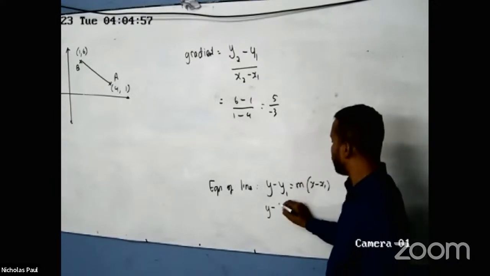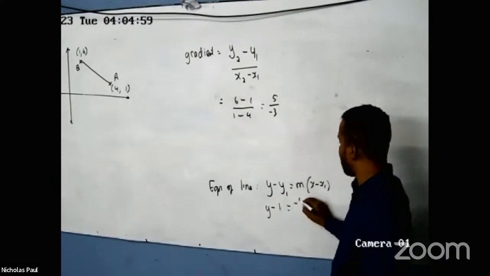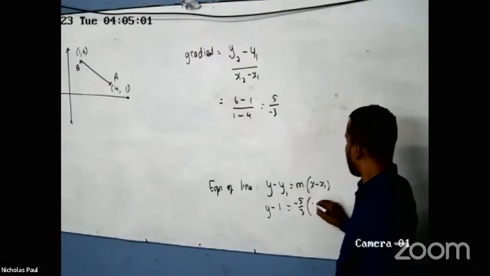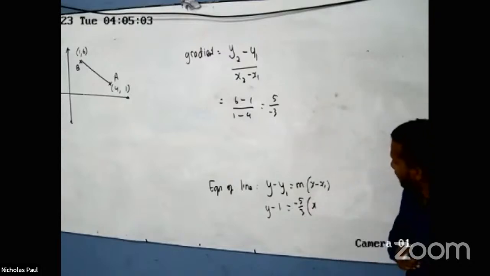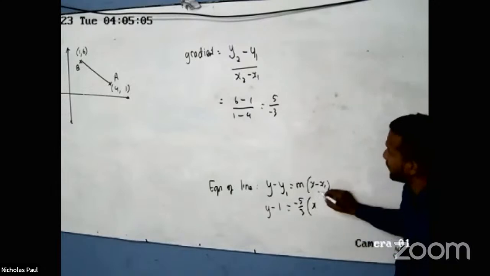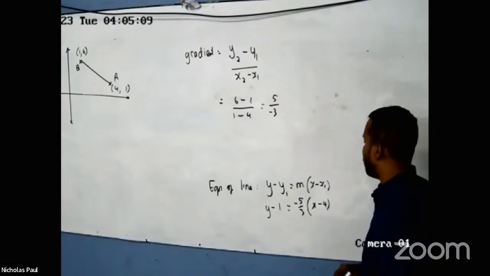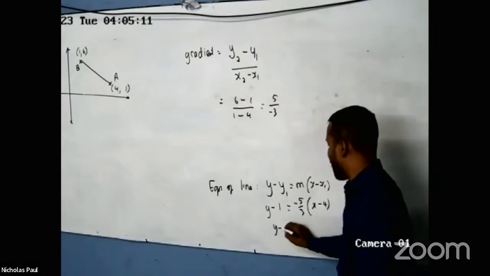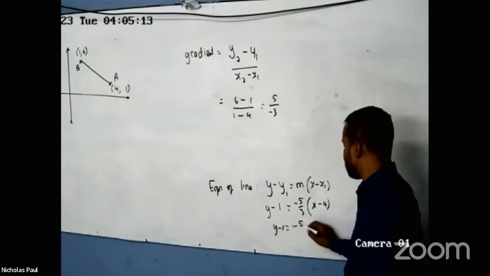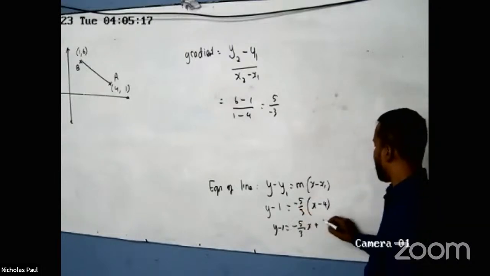So y1 is 1, gradient is minus 5 on 3, and x is 4. Right? So this will be y minus 1 is minus 5 over 3 times x minus 4, so plus 20 over 3.